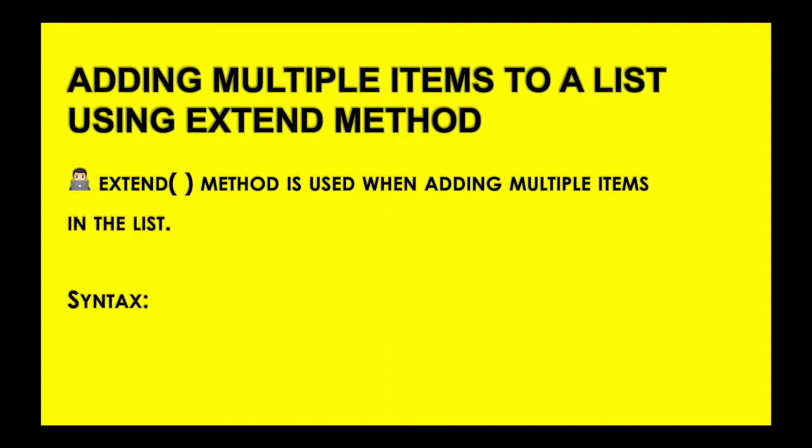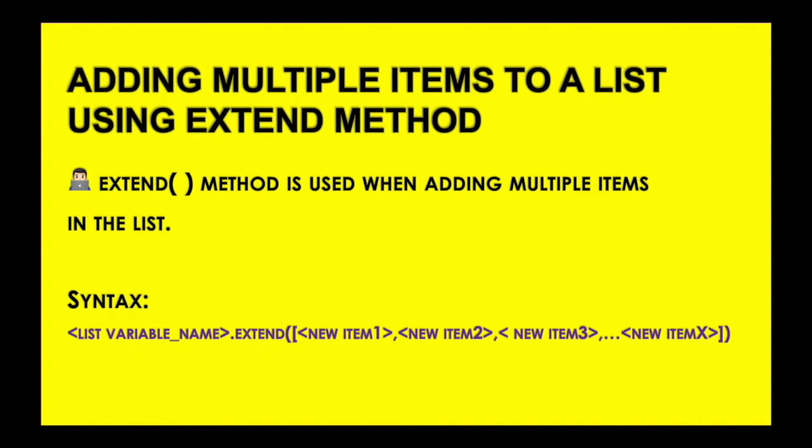Now, for the syntax of the extend method: list variable name dot extend, then open and close parentheses, and of course we are trying to add a list, so there will be square brackets there, then new item 1 separated by a comma from new item 2, comma new item 3, up to new item x, whatever amount of additional data you want to have on your list.